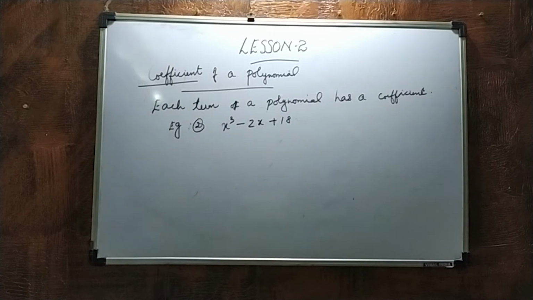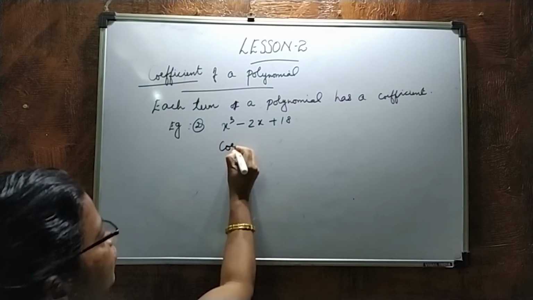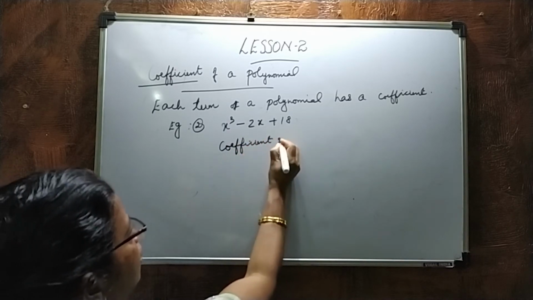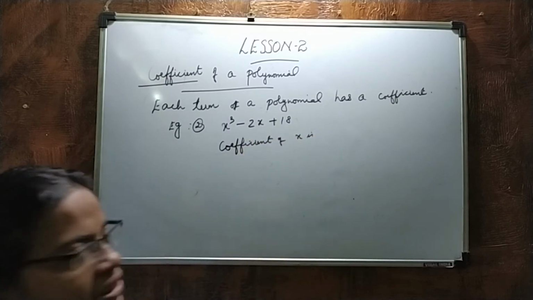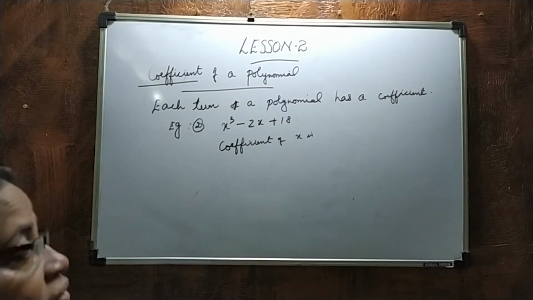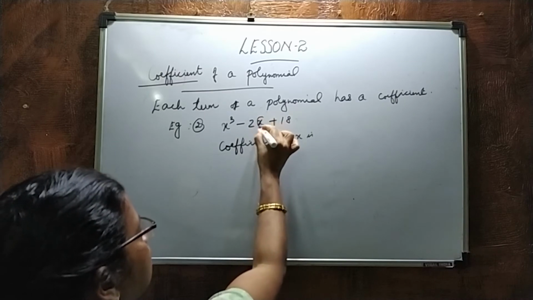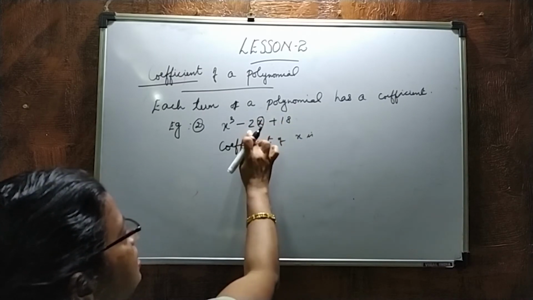They ask you to find out the coefficient of x. How will you find out? Coefficient of x is, what is it? It is negative 2. Just find out, x cube is there, x is here. So only the x you have to avoid, the balance is negative 2.